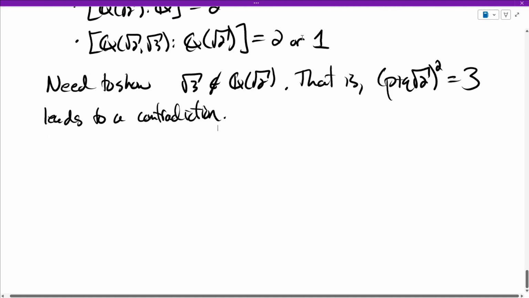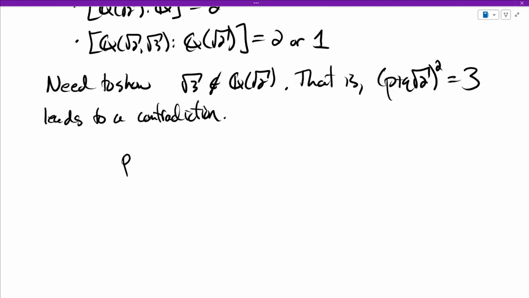Okay, so what happens if we square this out? We'll get p squared plus 2q squared plus 2pq root 2 equals 3.